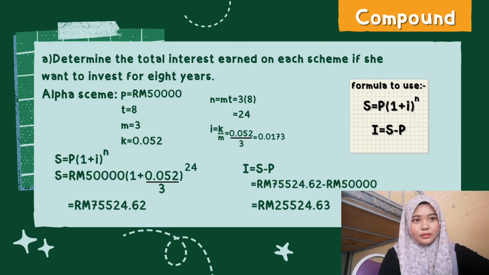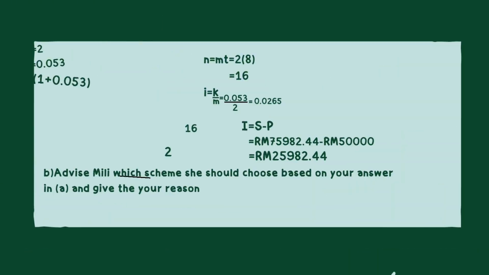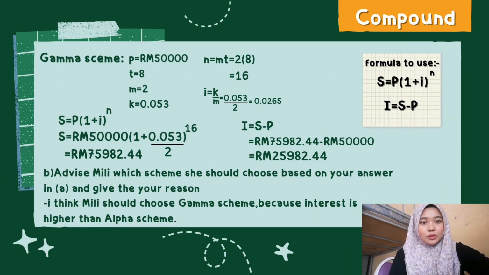For I, we use the formula I equals S minus P. So 75,524 ringgit 62 cents minus 50,000, and we got 24,524 ringgit 63 cents.